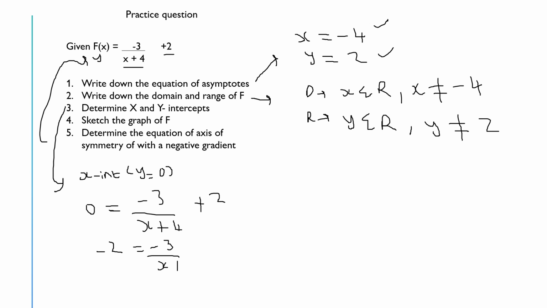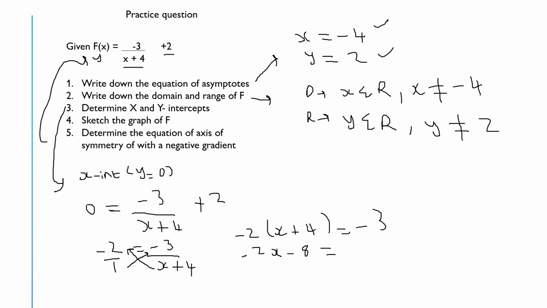So now we're going to do cross multiplication. So this will be over 1. This will multiply that one there, and this one will multiply that one there. So it will be -2 multiplying (x + 4), and then everything is equal to 1 times -3, which is -3. Now negative 2 times x will be -2x, and then negative 2 will multiply 4, which will give us -8.